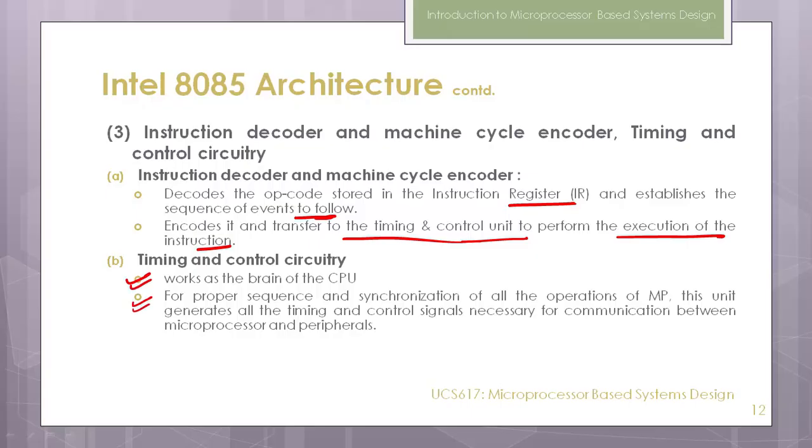For proper sequencing and synchronization of all the operations of the microprocessor, this unit generates all the timing and control signals necessary for communication between the microprocessor and peripheral devices. For example, if our microprocessor wants some input signals, then our control signal will go to the peripheral devices. Which kind of peripheral devices? The input devices. So in this way this will work.